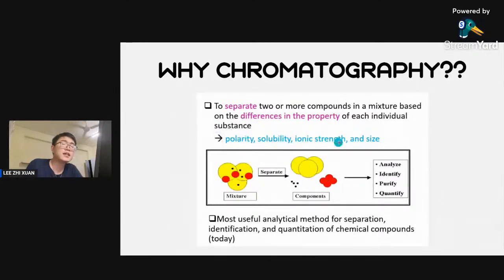Solubility, ionic strength, and size are not suitable using paper chromatography. So chromatography is the general name. The type of chromatography you learn is paper chromatography.